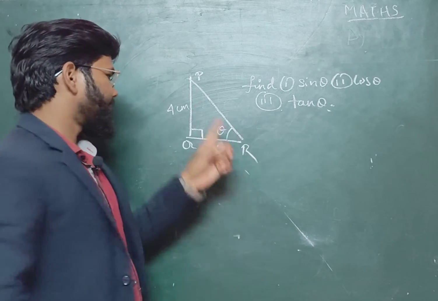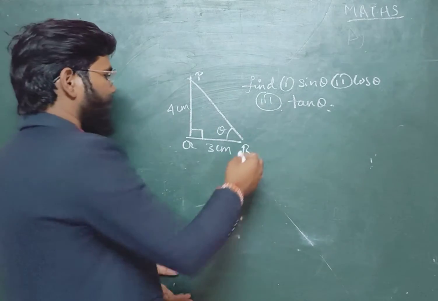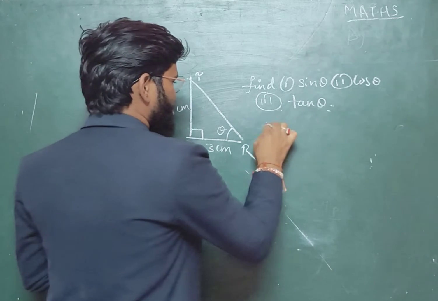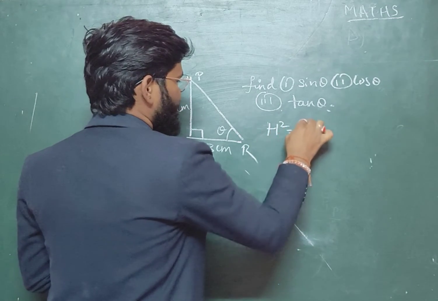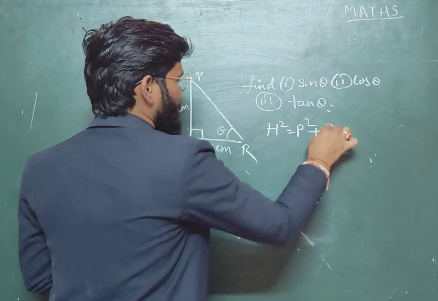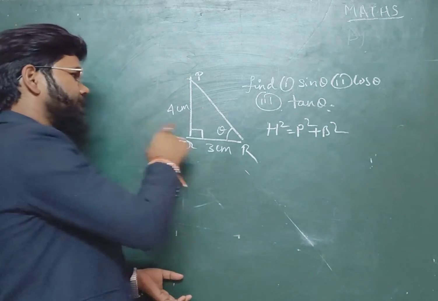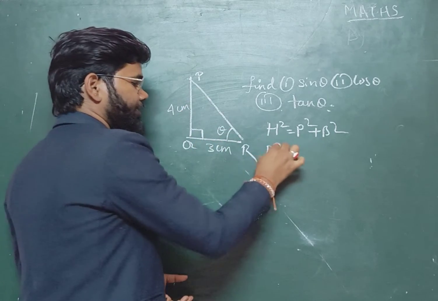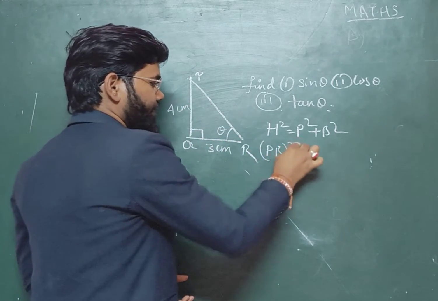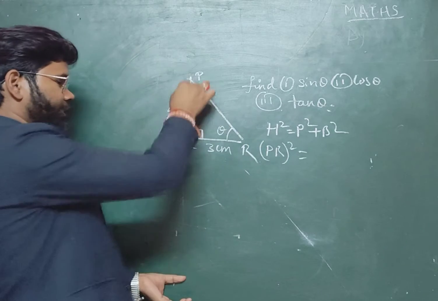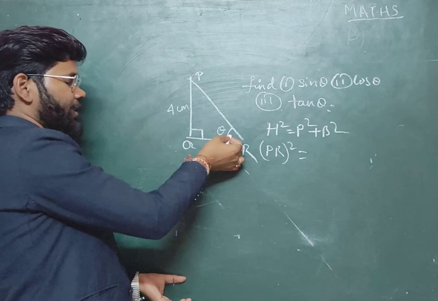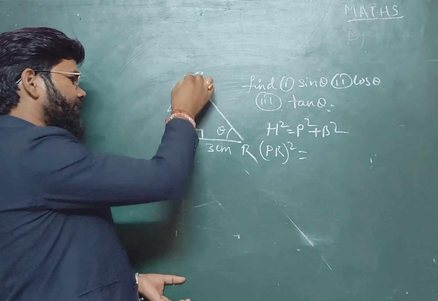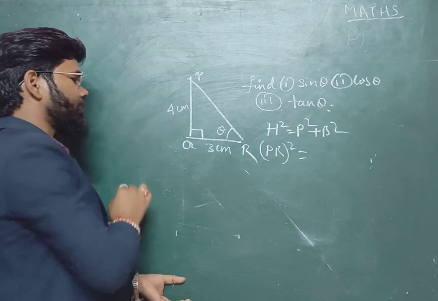So here we can say that PR is the hypotenuse. When we apply the Pythagoras theorem, that is h square equals p square plus b square, and here instead of h we put PR, so PR square equals perpendicular square. With consideration of theta, the perpendicular is PQ, and the value of PQ is 4 centimeters.